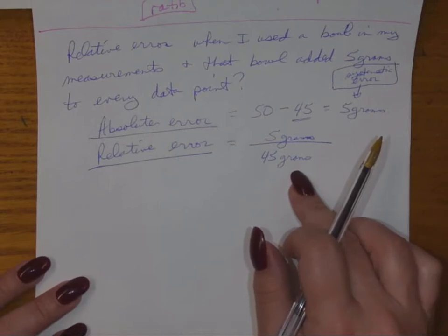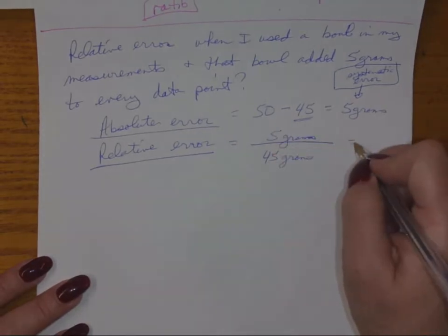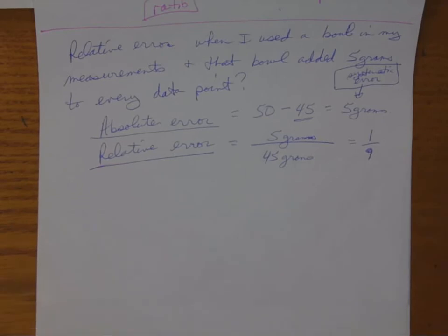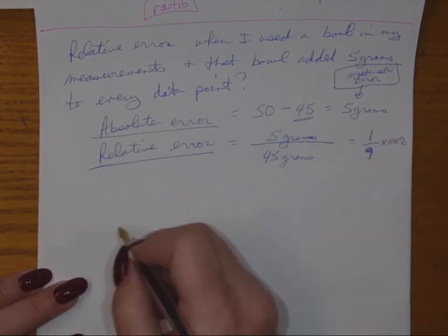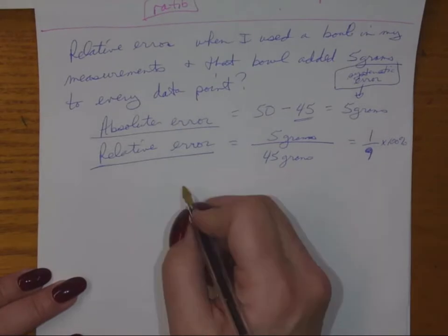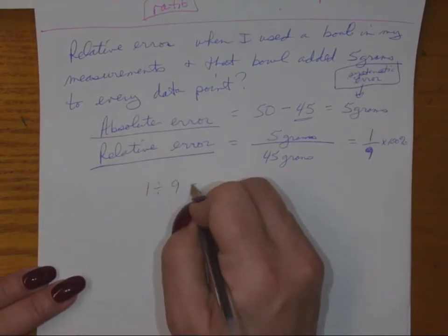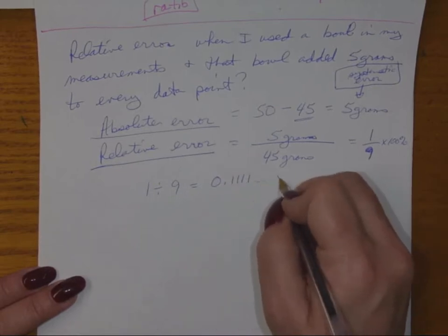Whenever I look at that, I go, oh, that is going to reduce again, but now it's 1/9. So my relative error is 1/9 of the weight that it should have been. And then, of course, I want to multiply by 100% to get it to a percentage. This is the ratio. This gives me the percentage. When I do 1 divided by 9 on my calculator, I get 0.1111, and that goes on forever.